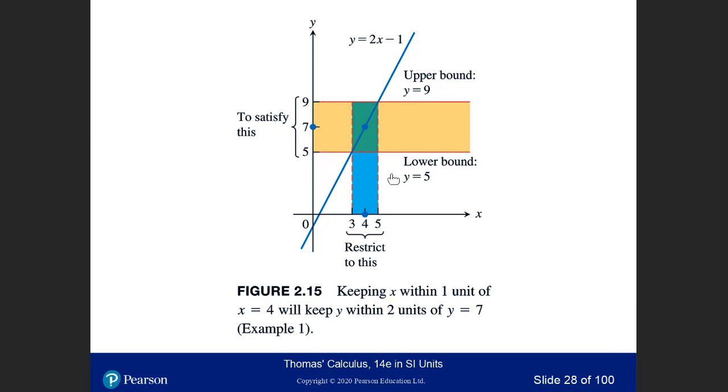So how can I find delta? Delta is epsilon over 2, so delta is 1. So for all x in the interval between 3 and 5, the function value must be in this interval on the y-axis.